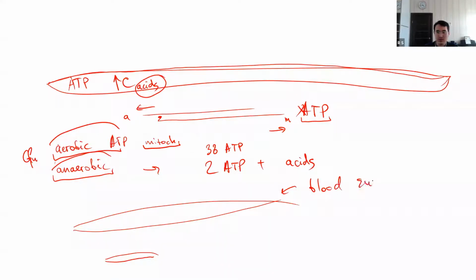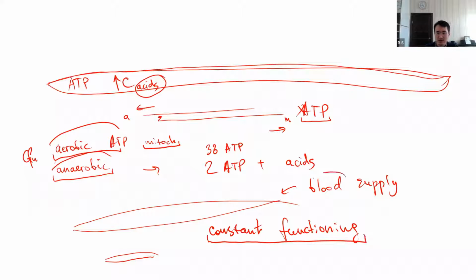The blood supply is much better in these cells because they are in constant movement, in constant function, functioning, let's call it like this. And they allocate all this blood, oxygen, etc., very efficiently so that we don't have this pain.